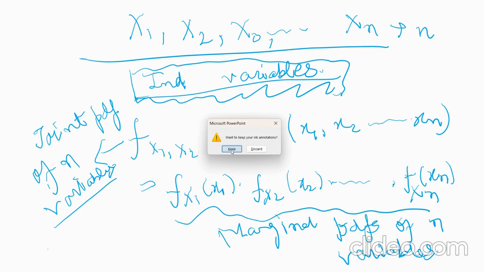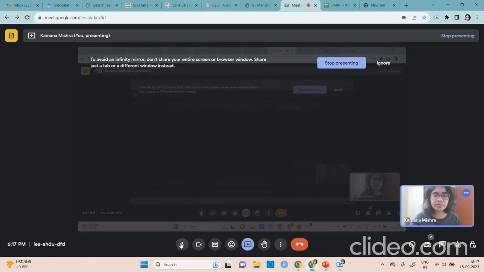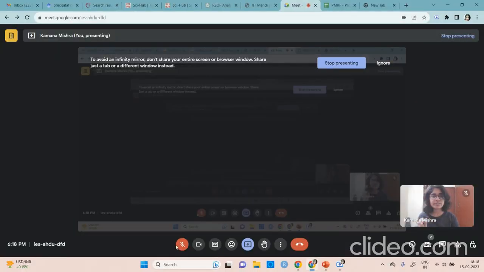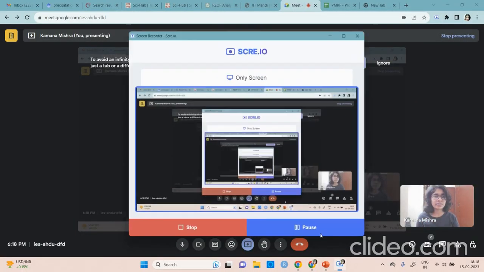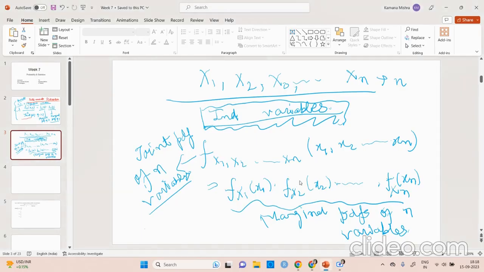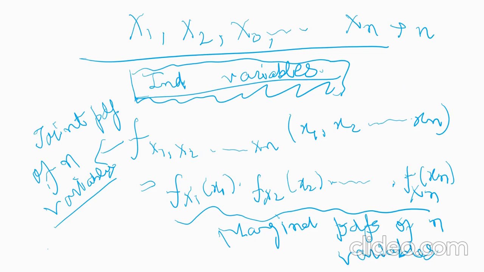This is bivariate. In place of bivariate, if we have multivariate, say x1, x2, x3 up to xn, we have n number of variables, and these all are independent variables.